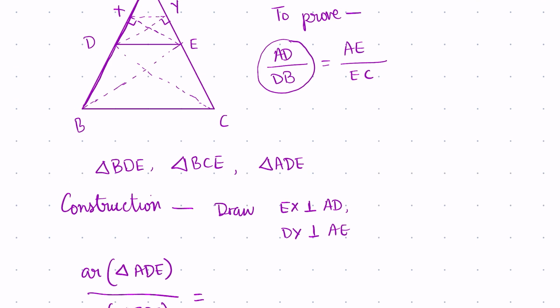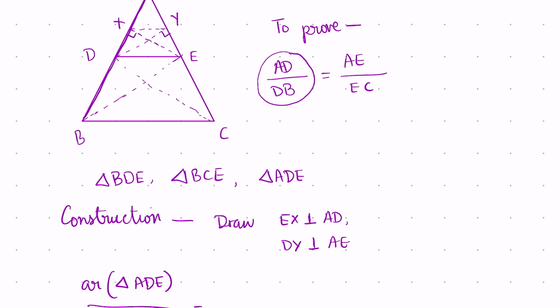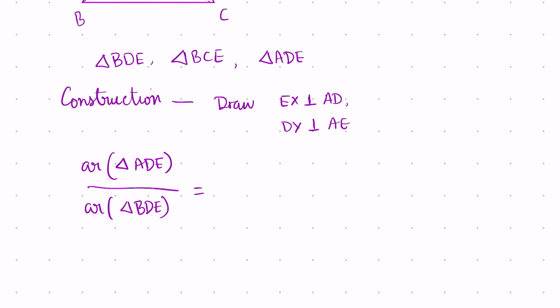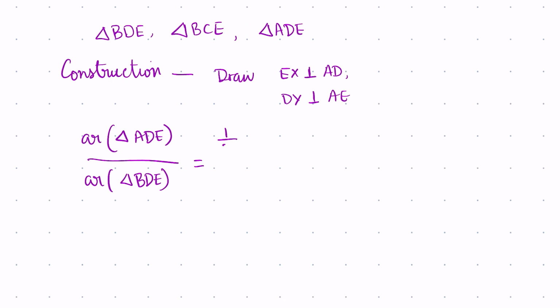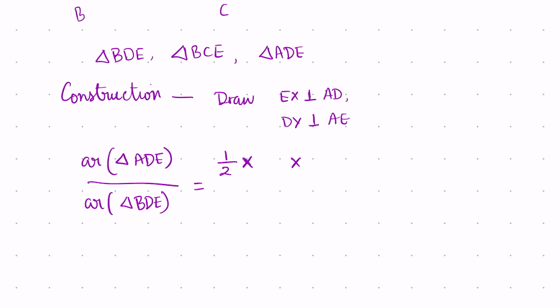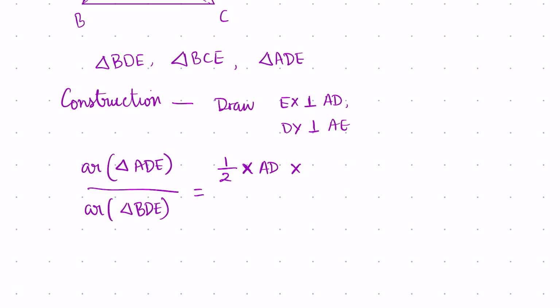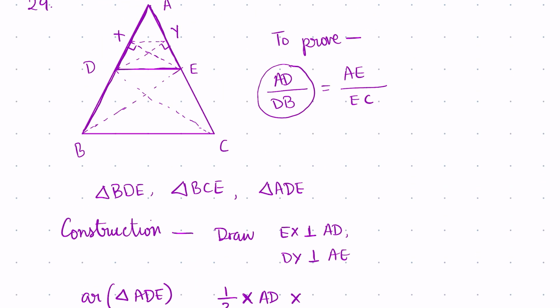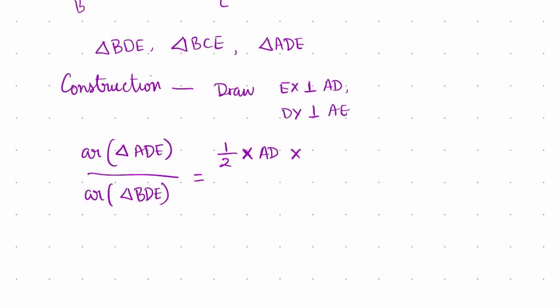What is the area of triangle ADE? First of all, ADE, this triangle. What's the area? Well, area of a triangle is half into base into height, right? What's the base? Base in this case is AD. What's the height? Well, height we have constructed, EX, so that's our height.